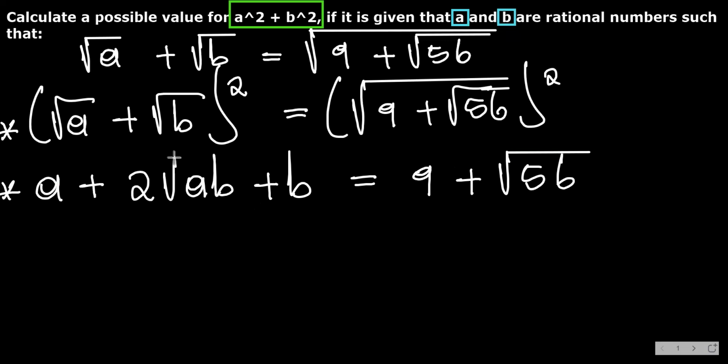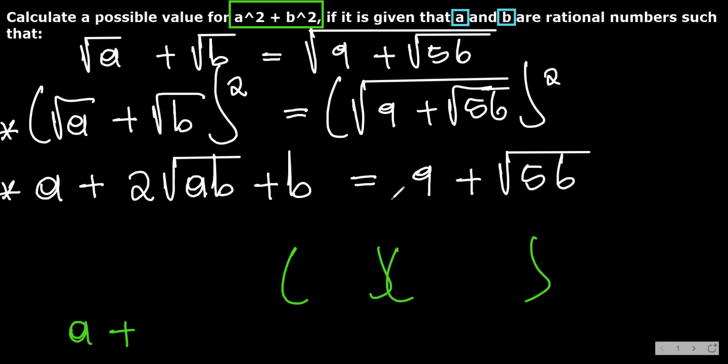In case you're wondering where the square root of ab came from, remember when we are using the FOIL method, we take this one and multiply it by itself, and we get a. Then we take this one and multiply it by that. Remember, you'll need to repeat the bracket twice.